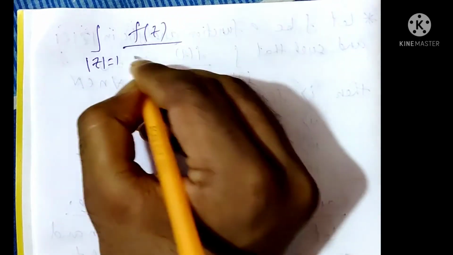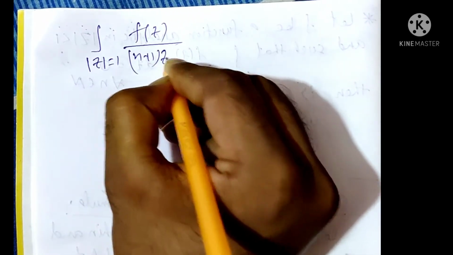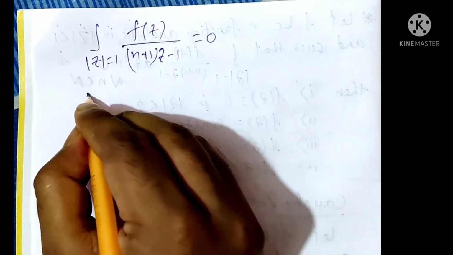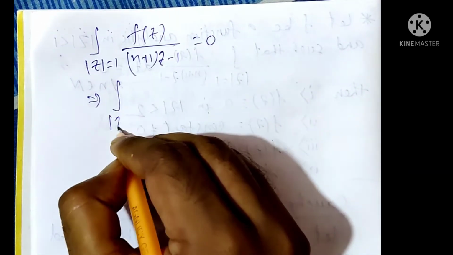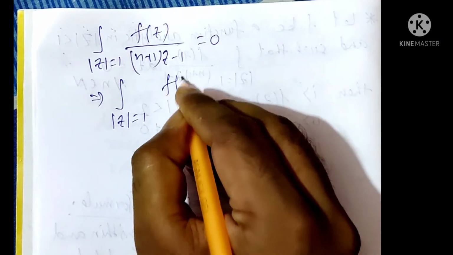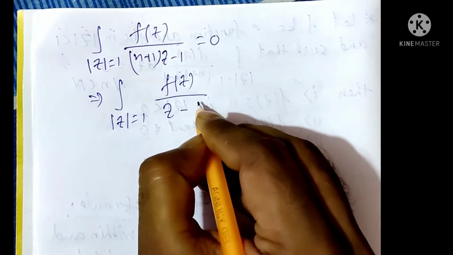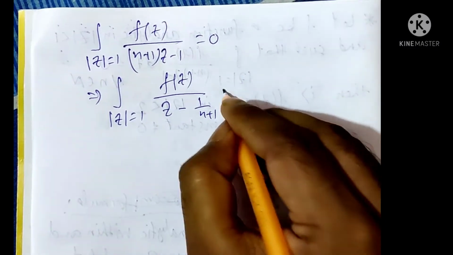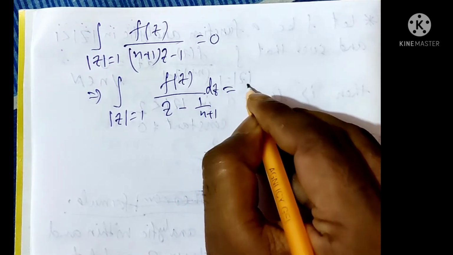Our problem is the integral over |z| = 1 of f(z) / ((n+1)(z-1)) equals 0. That implies 1 upon n+1 times the integral over |z| = 1 of f(z) / (z-1) dz equals 0.